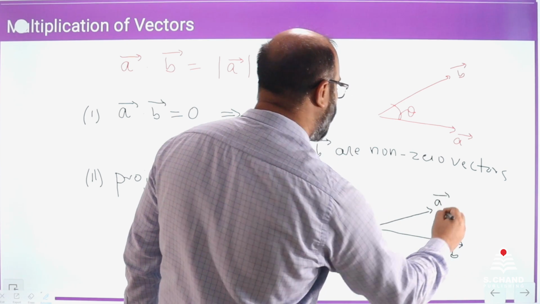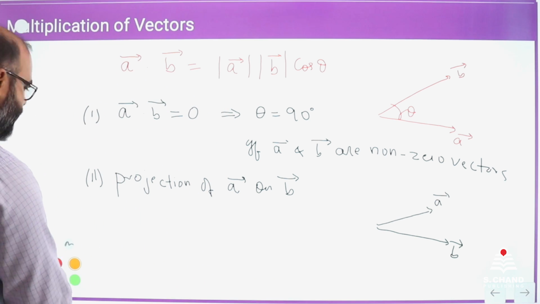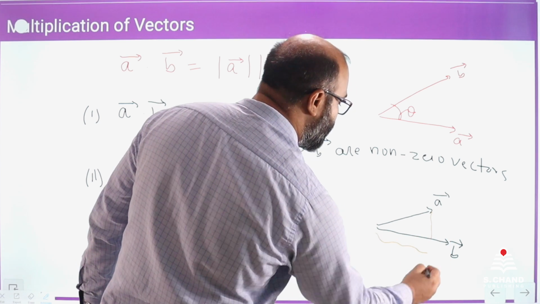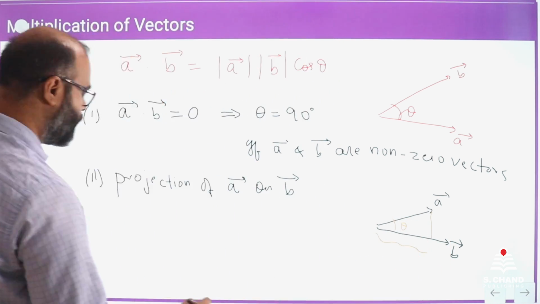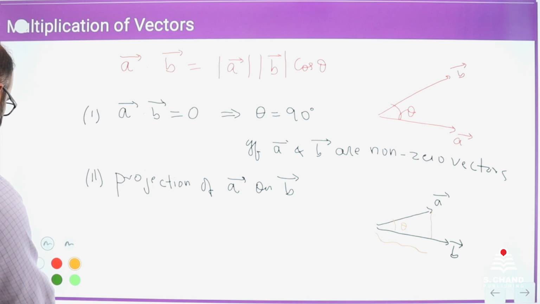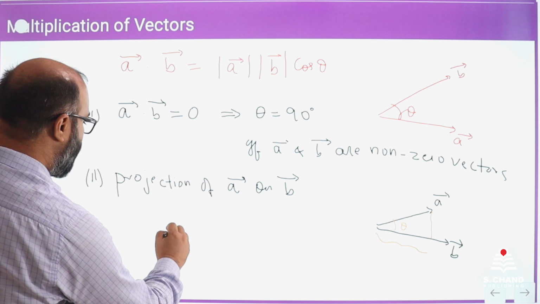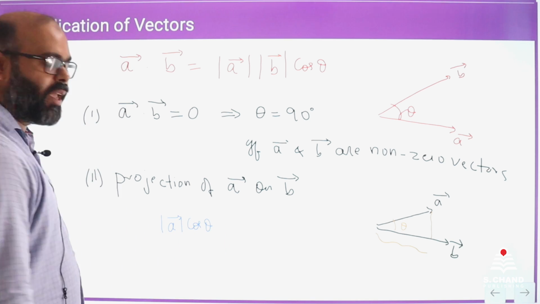I am highlighting the projection over here. This is the projection of A on B, and the angle between them is theta. So we say that A mod cos theta is the projection of A on B.